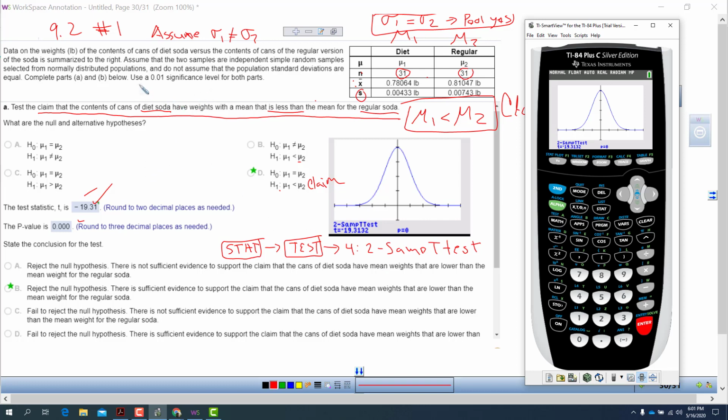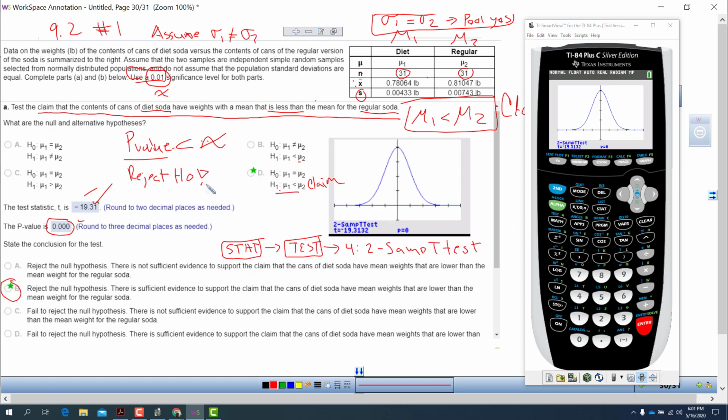The significance level is 0.01. So the p-value in this case is less than the significance level, less than alpha. When the p-value, which is 0, is less than alpha, we reject the null hypothesis, and the claim is on the alternative hypothesis. So this is the way you word it.